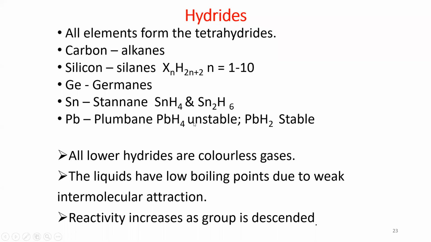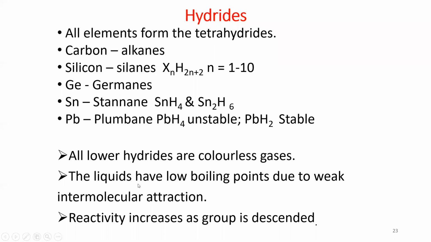And your plumbane is unstable. Your lead is usually more stable in the +2 oxidation state, so that is why plumbane is unstable, which we saw because of the inert pair effect.